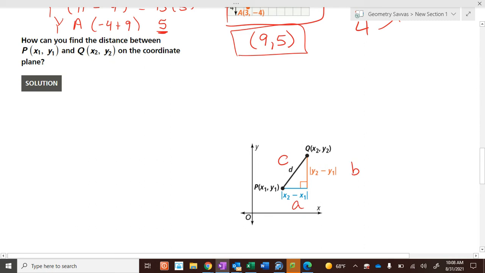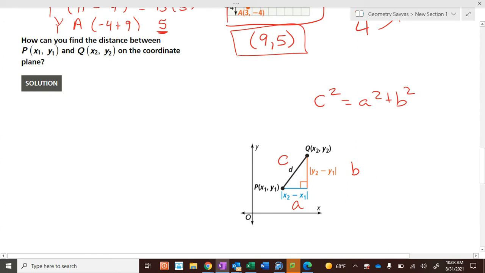It says the square of the hypotenuse of a right triangle equals the sum of the squares of the two legs of a right triangle, which is really complicated way of saying c squared equals a squared plus b squared.